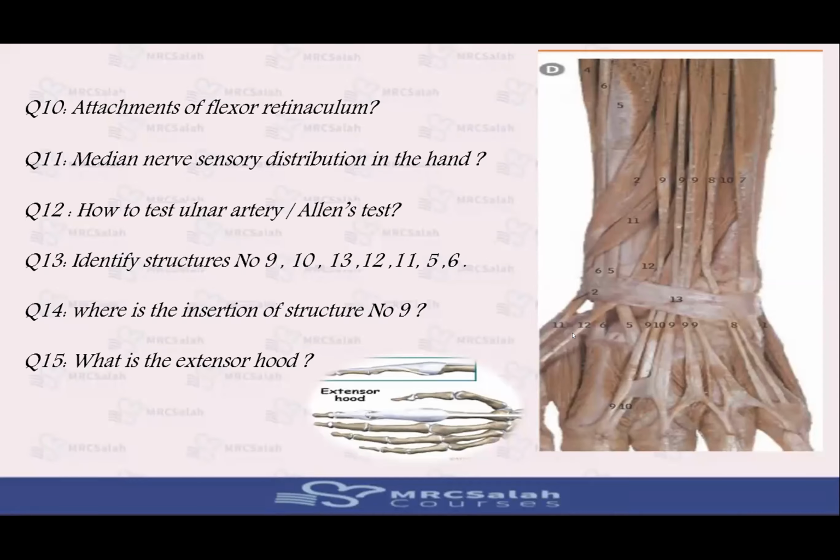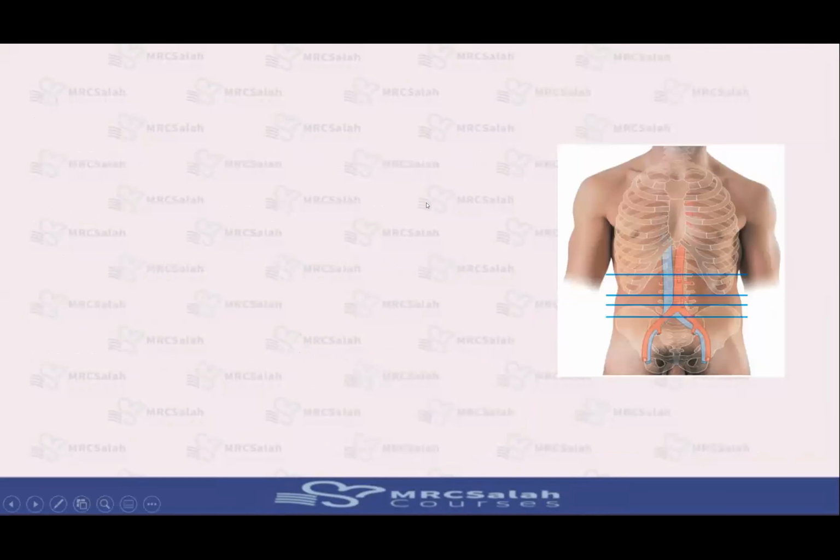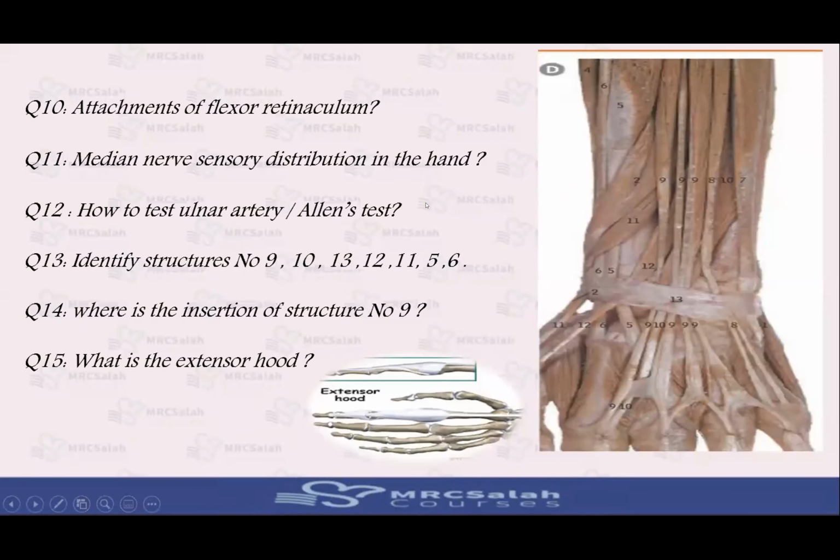Extensor pollicis longus. 11. Extensor pollicis brevis. Okay. 5. Extensor carpi radialis longus. 6. Sorry, brevis, and 6 longus. Yes. Okay, where is the insertion of structure number 9? The extensor expansion. Yes, the extensor expansion or the extensor hood.